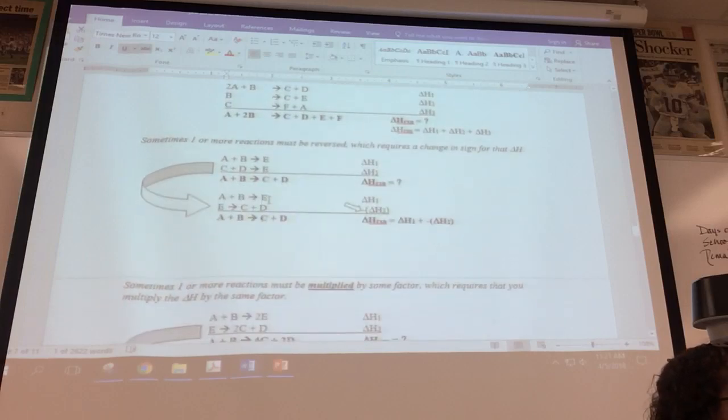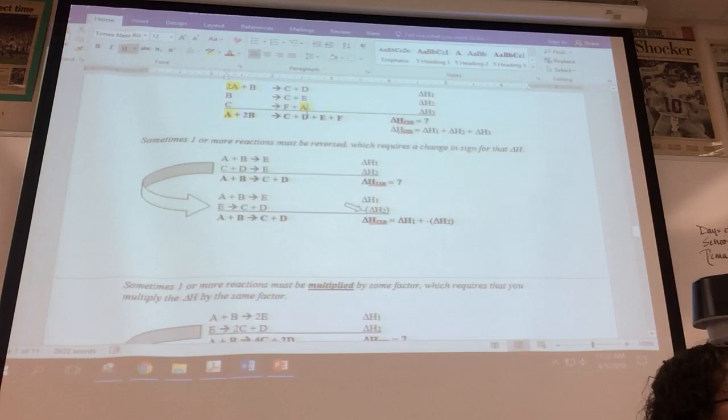If, for example, you have this one shown at the top of your screen, the way I like to process these is I look at my net reaction, which is the bold-faced at the bottom. I want to figure out its delta H, its change in enthalpy. I look at my first reactant A. I see two A's here, and I see A here.